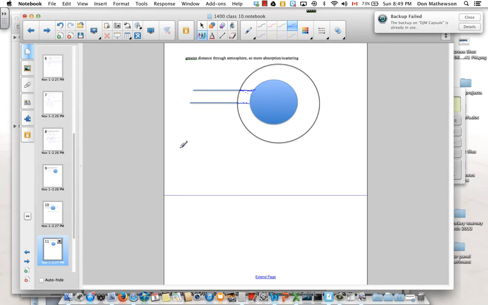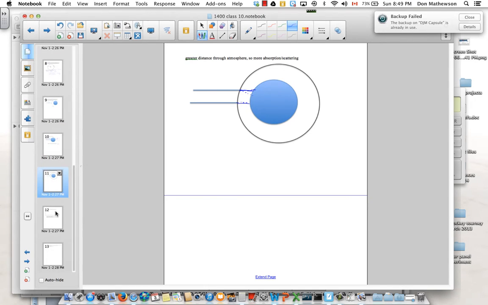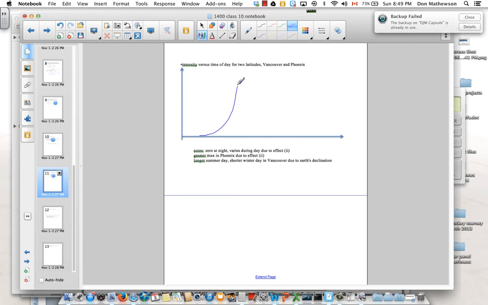And so all of these factors together reduce that 1400 watts per square meter down to a typical value of about 1000. Now, it does depend on latitude. So if you were to compare us, at around 49, and Phoenix, at around the low 30s, in Phoenix, say in the summer, you'll find the solar intensity gets really high.